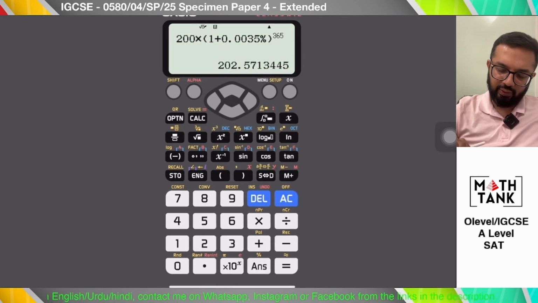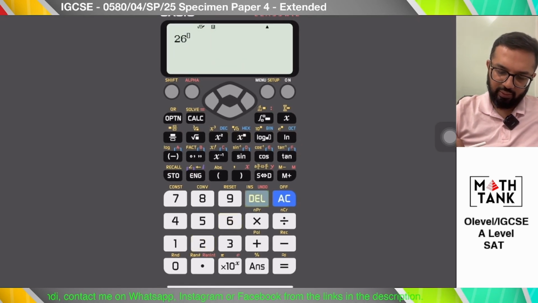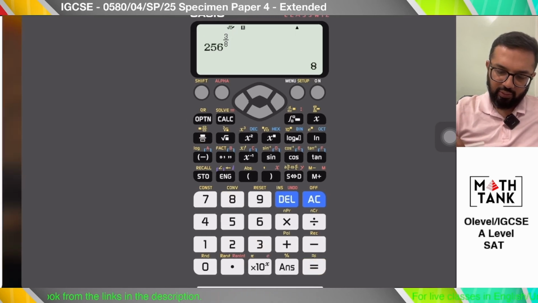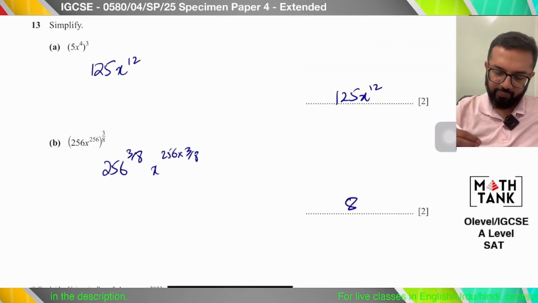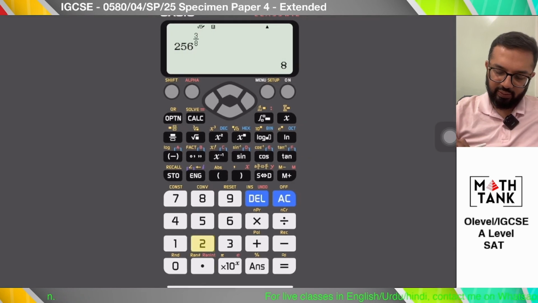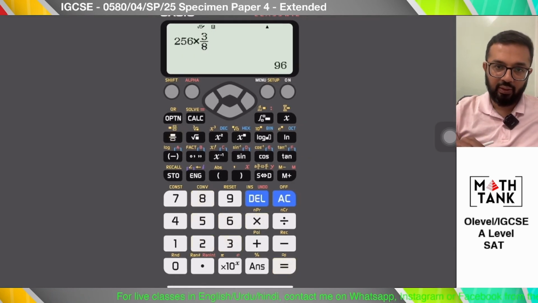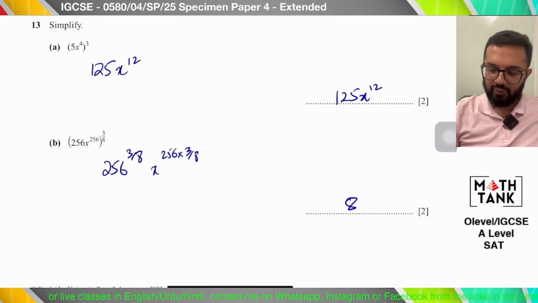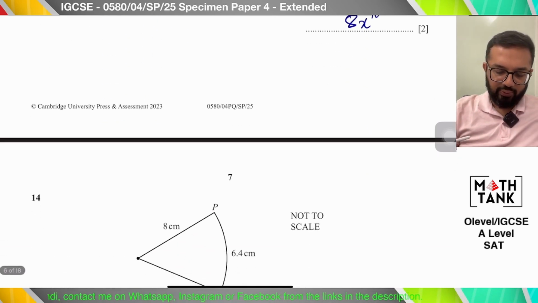Okay, 256 power 3 over 8. That's 8. And what's 256 into 3 over 8? For the power of x, that's 96. So 8x power 96. That's also easy.